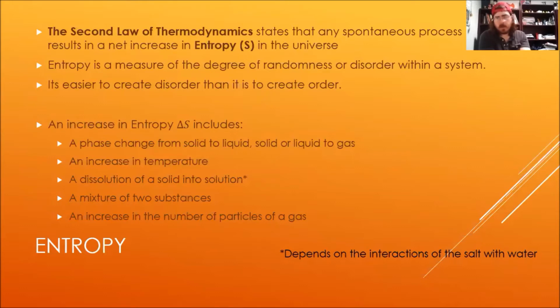We're going to label entropy with the variable S. We said internal energy was U, enthalpy, heat energy, was H, and entropy is S. Now, what is entropy? Entropy is a measure of randomness or disorder within a system. The idea being that as things get random and disordered as time progresses, anytime something happens on its own, it's going to result in a net increase in entropy. That's where we left off last class.